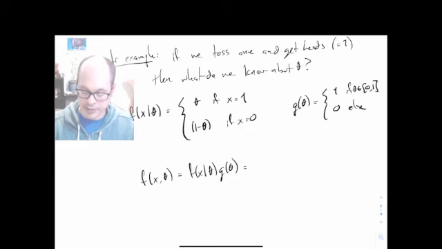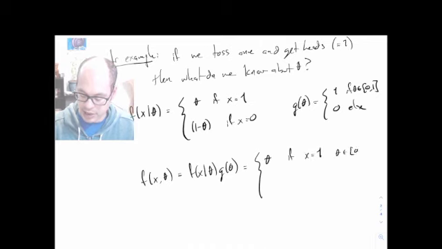So for us, what is it? It's theta if x equals 1, and if theta is in [0, 1]; it's 1 minus theta if x equals 0, and theta is in [0, 1]; and it's 0 otherwise.